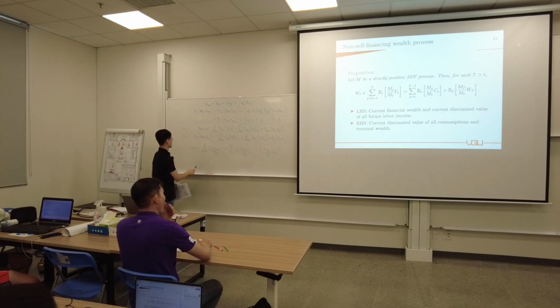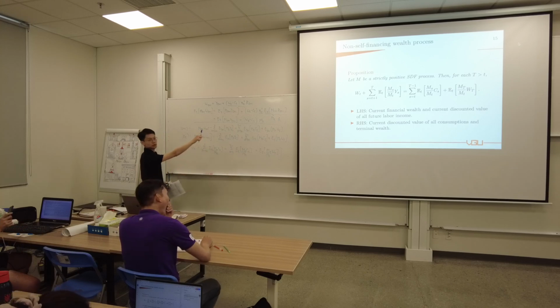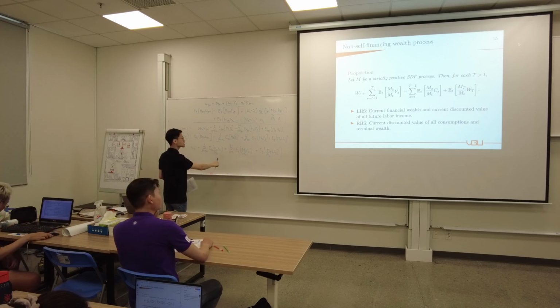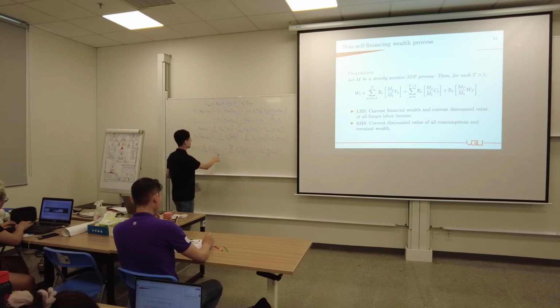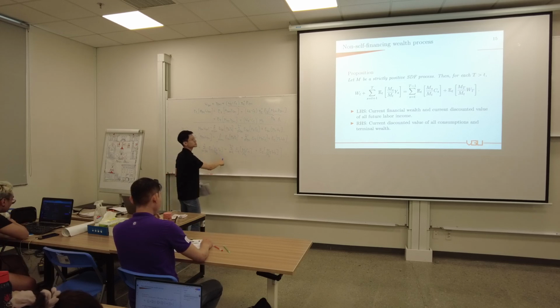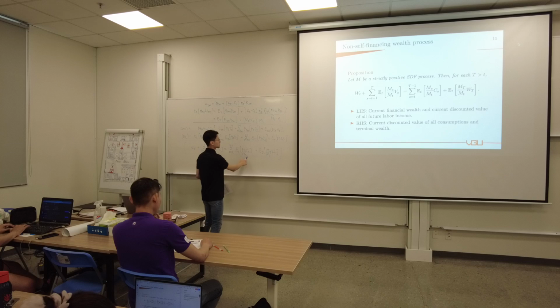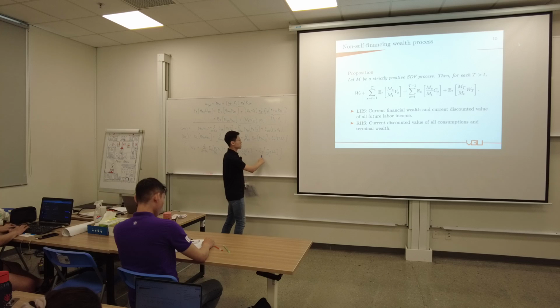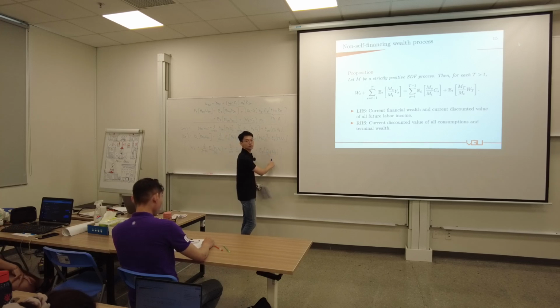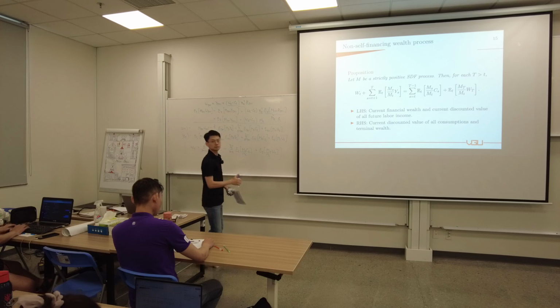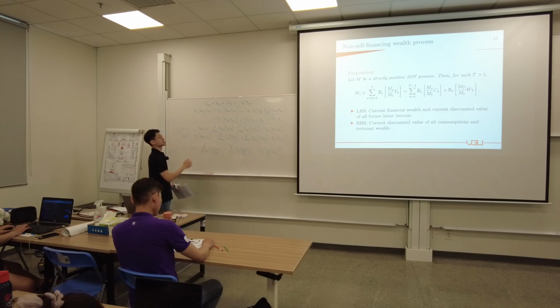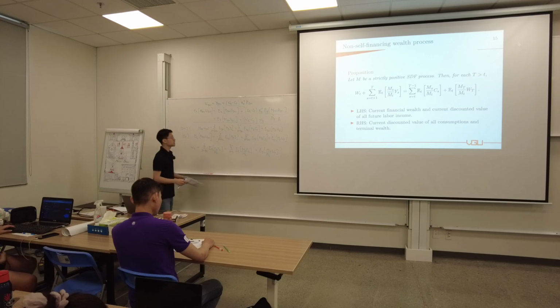So we have w_τ plus the summation, s from τ plus 1 up to T, of the conditional expectation of m_s over m_τ times y_s, on the right-hand side, the summation s from τ to T minus 1 of the conditional expectation of m_s over m_τ times c_s, plus the conditional expectation of m_T over m_τ times w_T. So we have that equation, and we finished the proof.